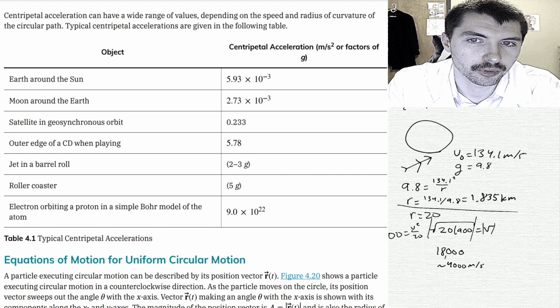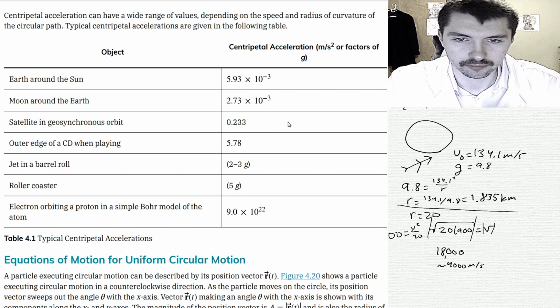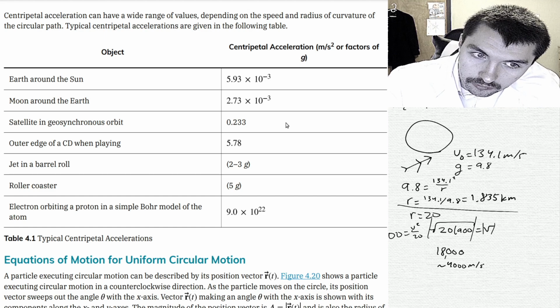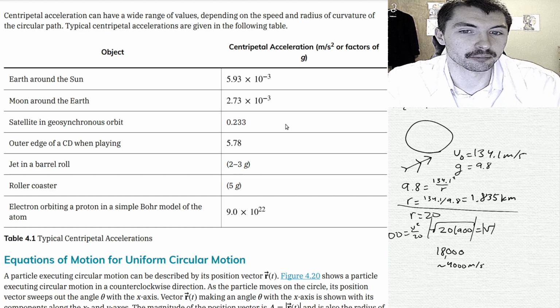All right, so here we have common centripetal forces. I think the satellite in geosynchronous orbit is particularly interesting. Jet in a barrel roll.